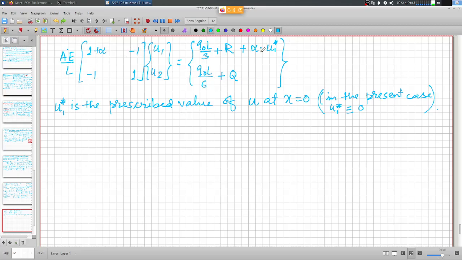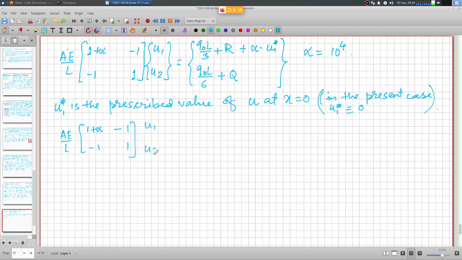So if you do that, then this of course vanishes and you are left with this equation, AE by L. Alpha is of course, we can just say alpha is equal to AE by L times 10 raised to the power 4. So AE by L times [1 plus alpha, -1; -1, 1].